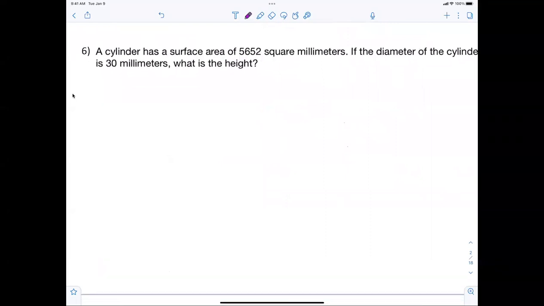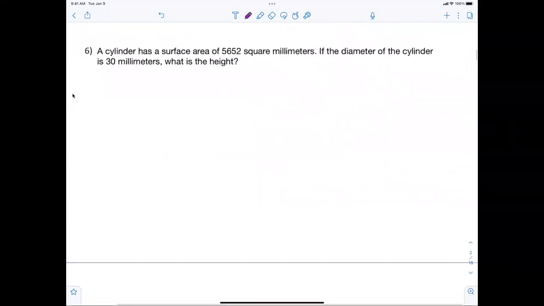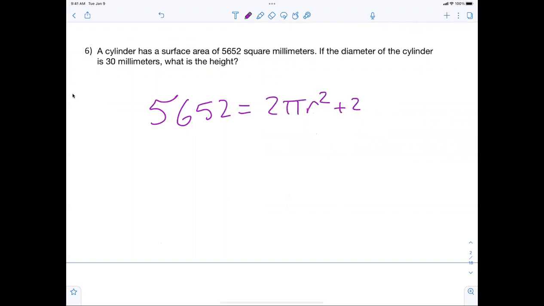Okay, now here is where we had a little bit of trouble. All right, you have to work backwards on this. It's been a little while. So a cylinder has a surface area of 5,652. And you have to remember the surface area of a cylinder is 2 pi r squared plus 2 pi r h. Anybody have a problem with that?